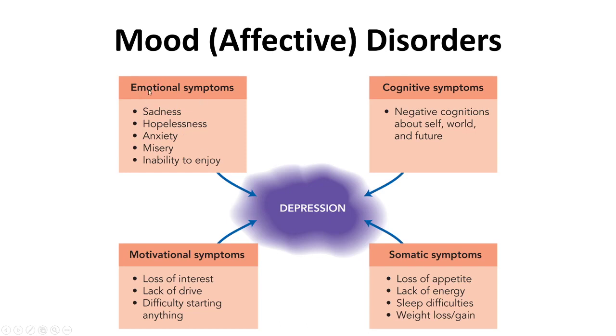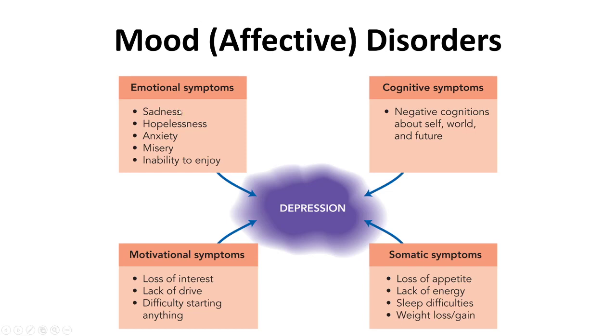So for the emotional side of things, these are the things that you are feeling. You might feel sad, which you kind of assume is coming along with depression. But there's more to it than just sadness. You can also experience hopelessness, that feeling that there's no hope, there's no chance of getting out of this depression, there's no chance of bettering the future.